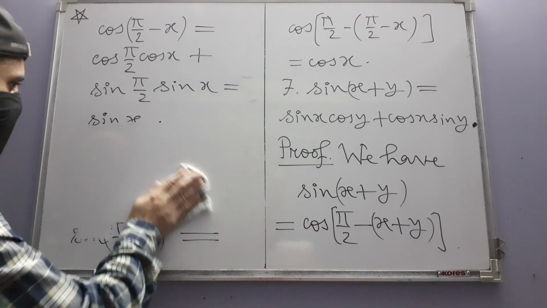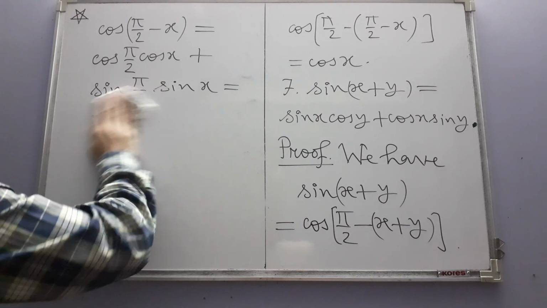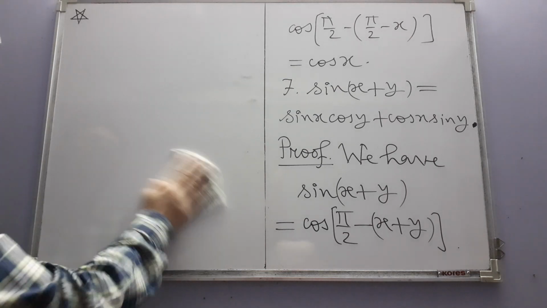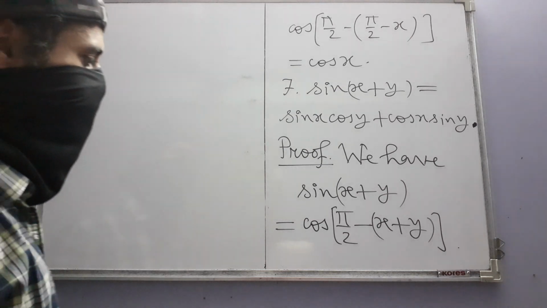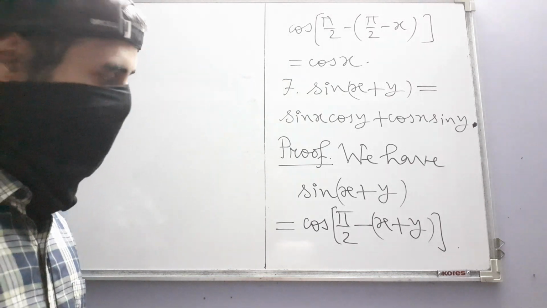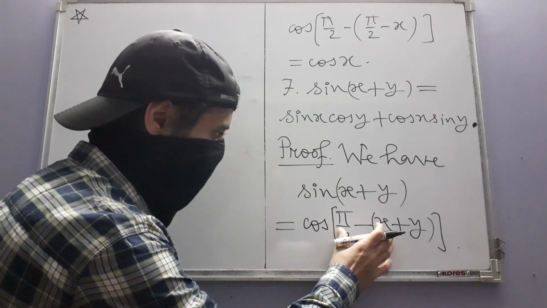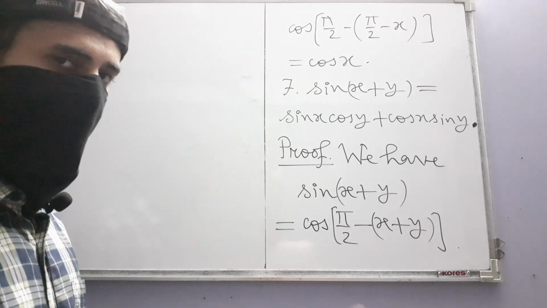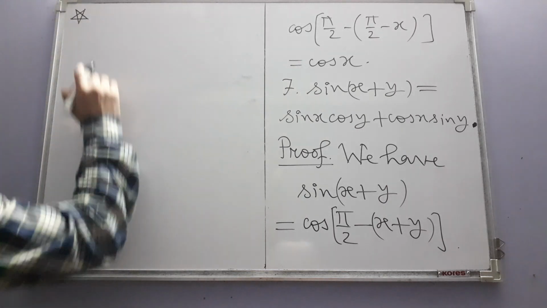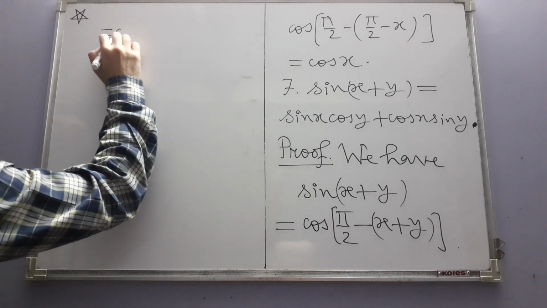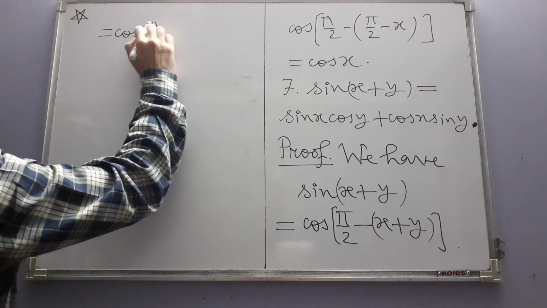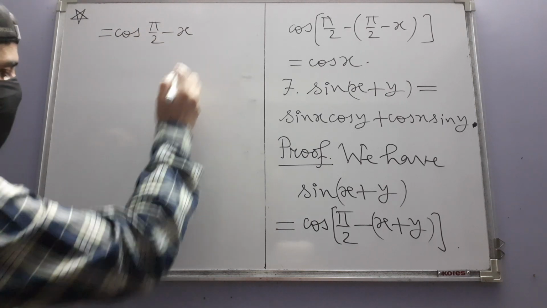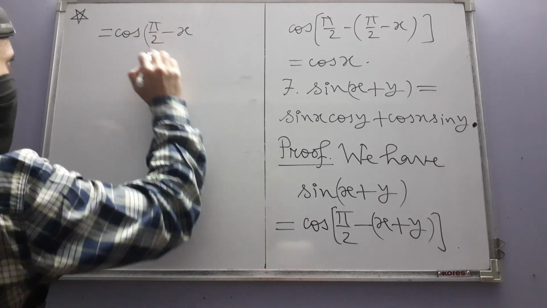And now you will use the addition formulae for cosine, but that also a little cleverly, not blindly. So what we next do, we couple these two together, pi over 2 and minus x, and keep minus y separately. If you want, you can keep pi over 2 and y also together. It's up to you.